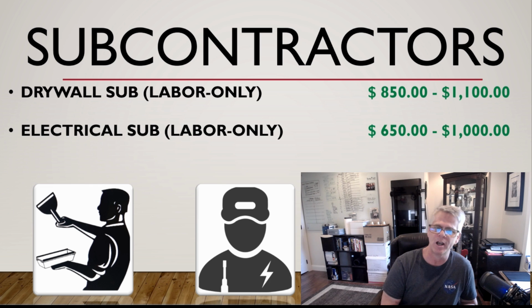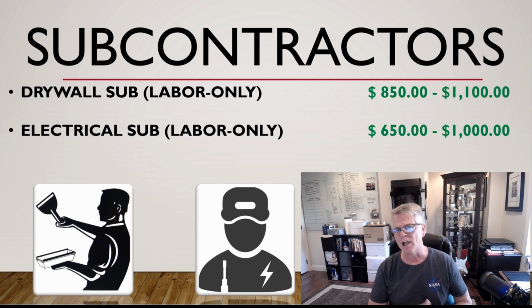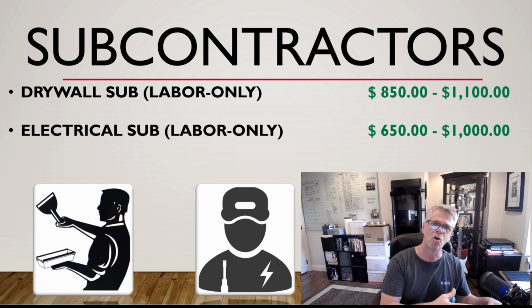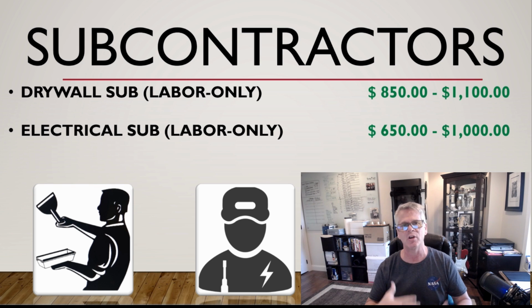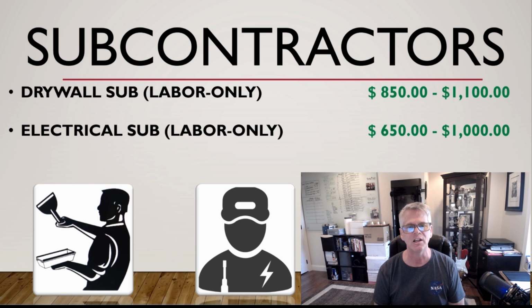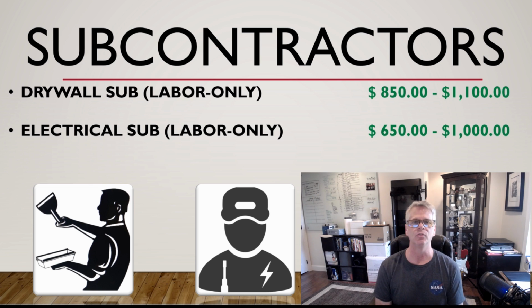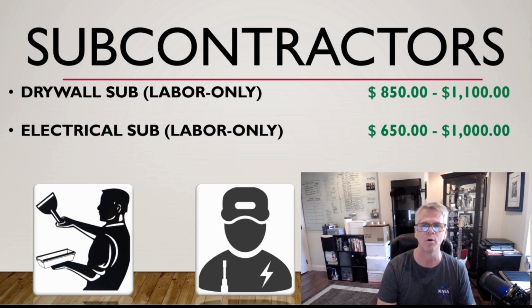An electrical subcontractor to come in and wire for the lighting, the GFI circuit, the light in the shower, the bath fan combo in the ceiling, all the electric, rough in and come back and install the switches and the outlet after the job's 100% painted and ready for switches and outlet covers. $650 to $1,000 in my area if you don't want to mess with the electrical. Now, it's not rocket science doing the electric for a bathroom, but if you're thinking, I don't want to do any of that electric stuff, $650 to $1,000 you're going to want to budget in.